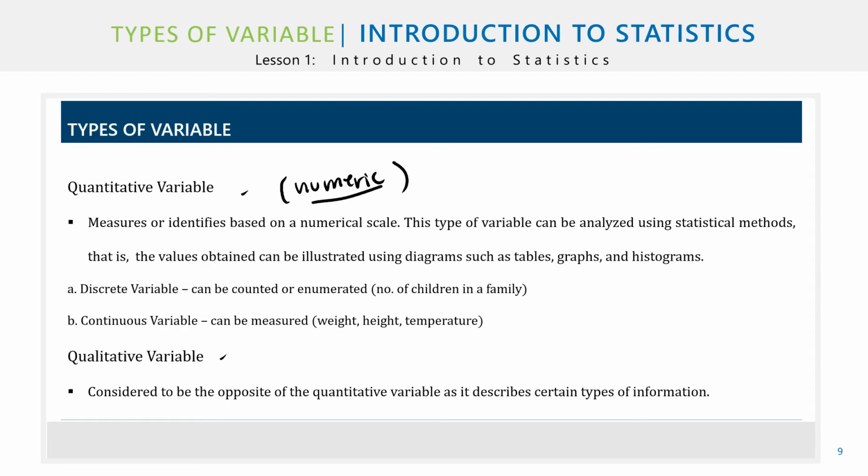So paano natin ma-differentiate yan? Pag sinabi kasi nating discrete variable, it can be measured by counting or enumerating. So ibig sabihin, 'di ba kapag nagka-count ka or nag-i-enumerate ka, walang butal yan or walang labis. However, kapag continuous variable naman, it can be measured. 'Di ba?